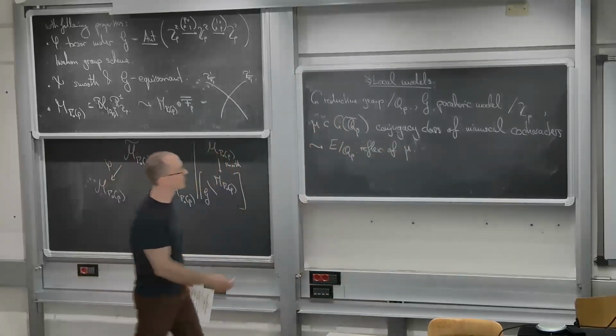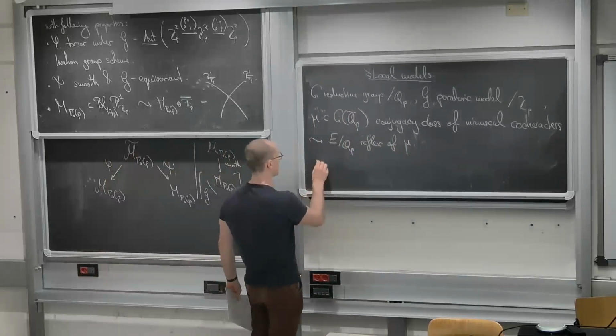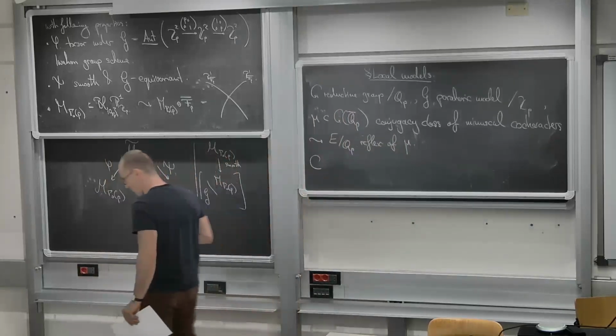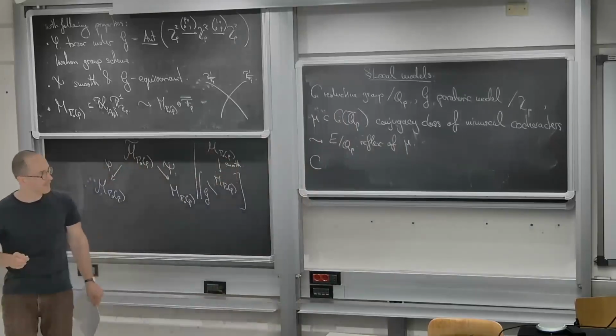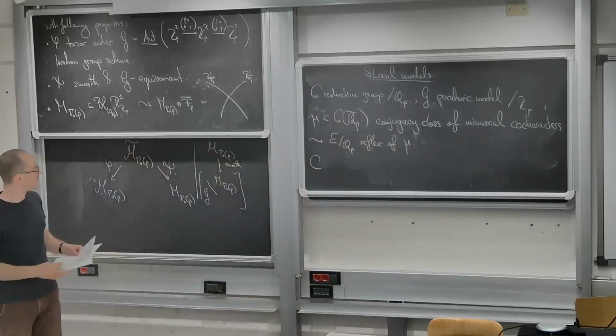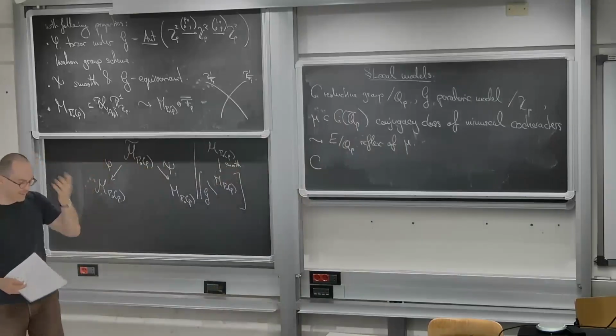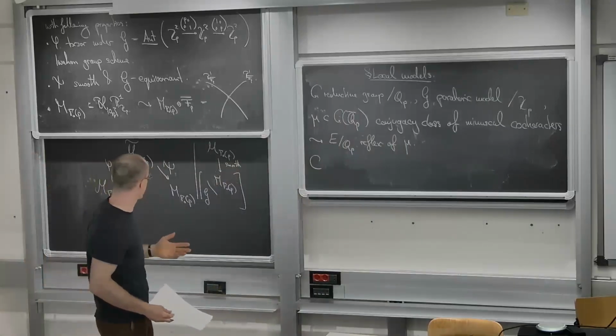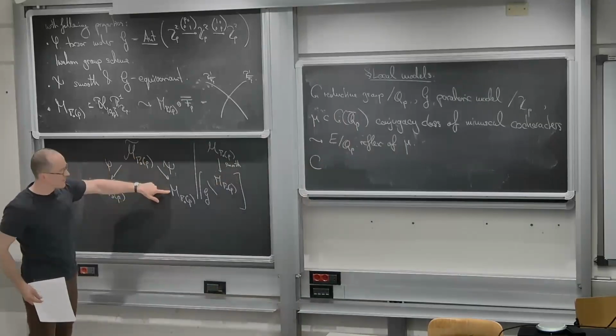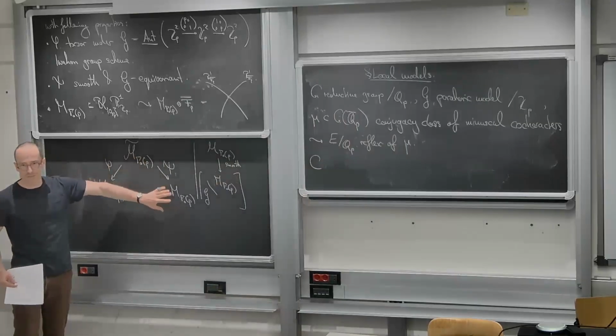And maybe here before writing it, I should explain. People wanted to have a similar picture in more generality, and they thought about, okay, what could this linear algebra object be on the side?